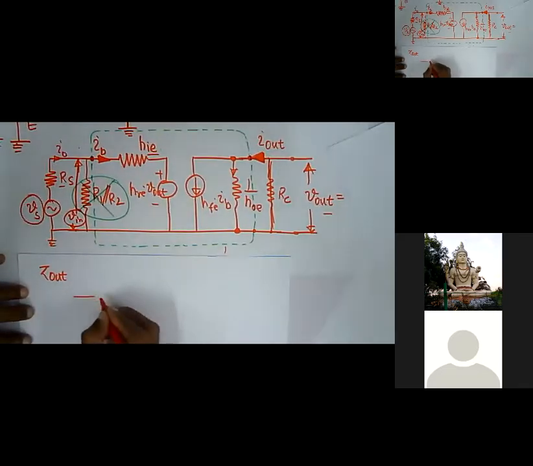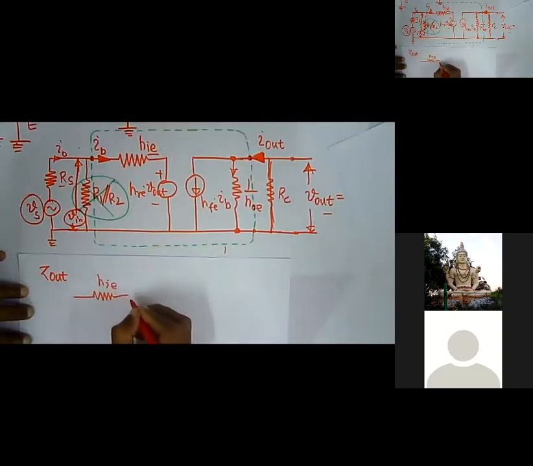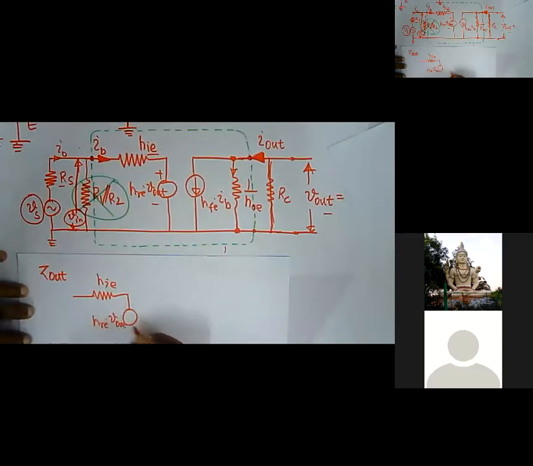So I can simply draw the circuit something like this. This will be my HIE. This is HRE into V out, plus minus, and then here I'm going to have my RS.